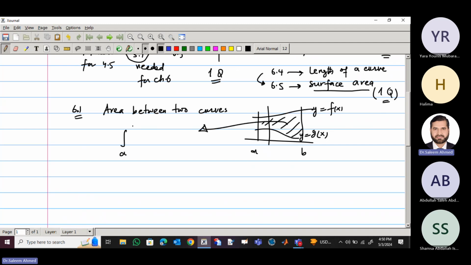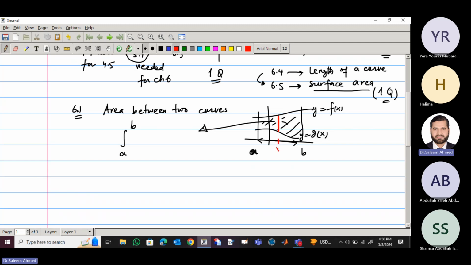So what you do, you integrate from a to b. This is your integration, right? So basically you draw this straight line here and see this line can go anywhere. So if you draw a line here, right?